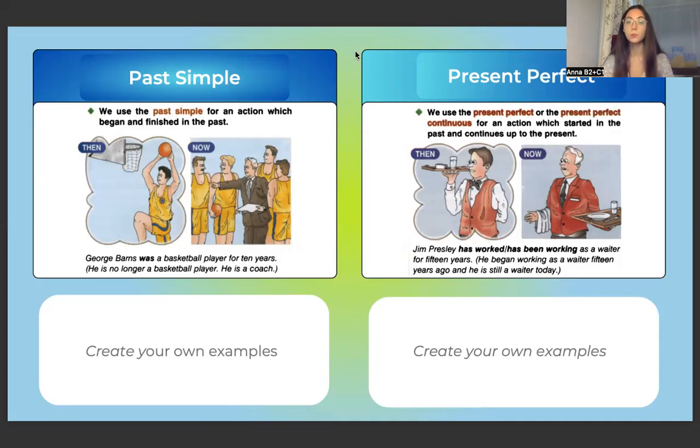And we use present perfect or present perfect continuous for an action which started in the past and continues up to the present. So Jim Parsley has worked or has been working as a waiter for 15 years. He began working as a waiter 15 years ago, and he is still a waiter today. And now create your own examples.